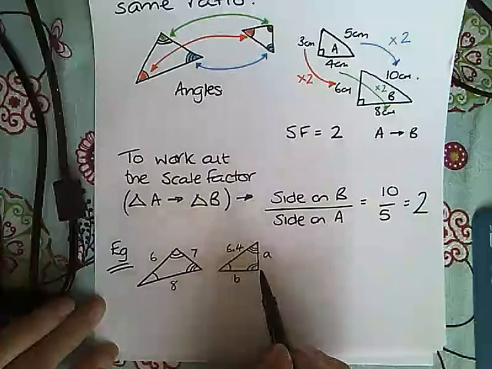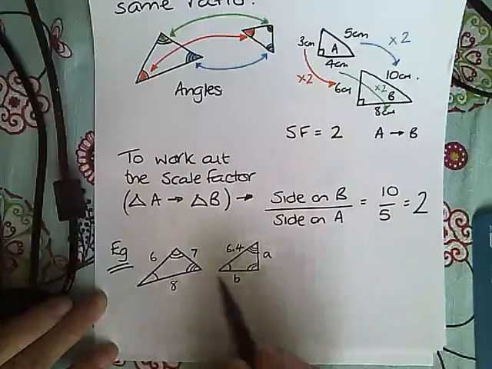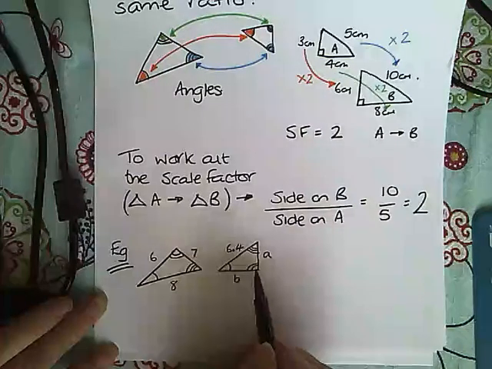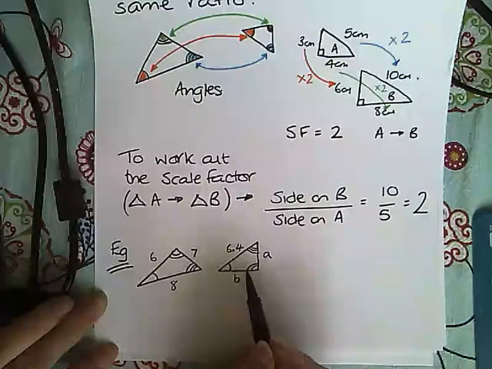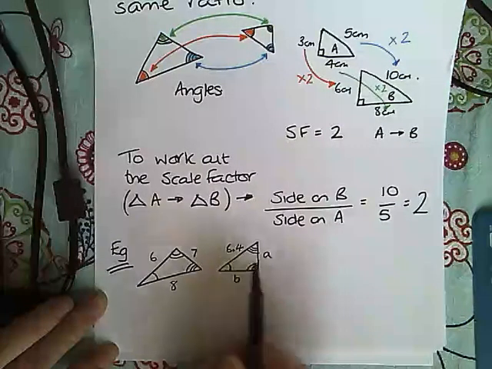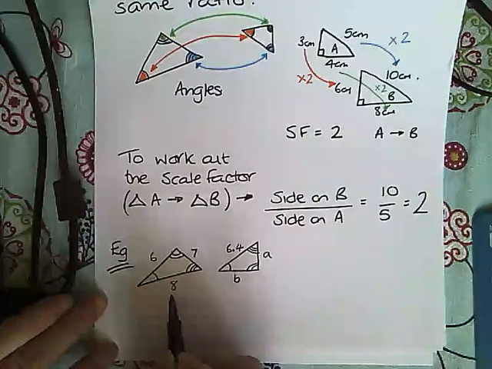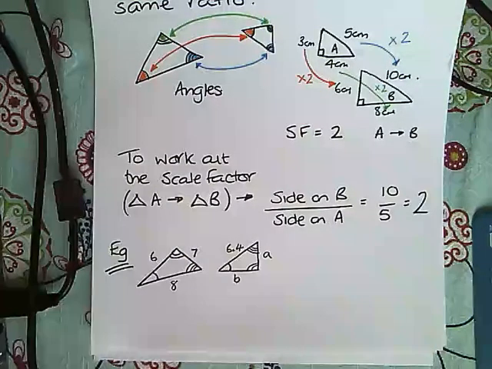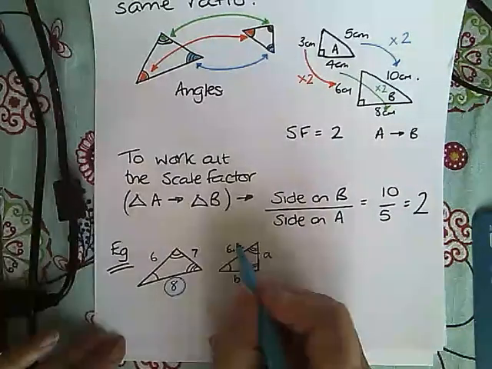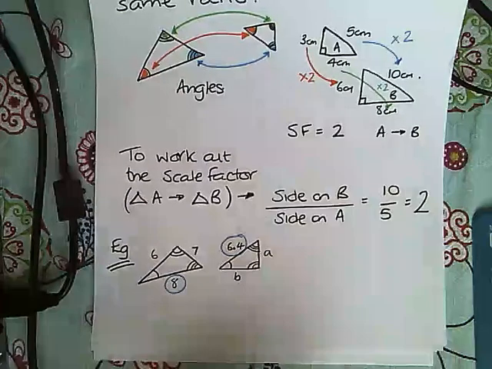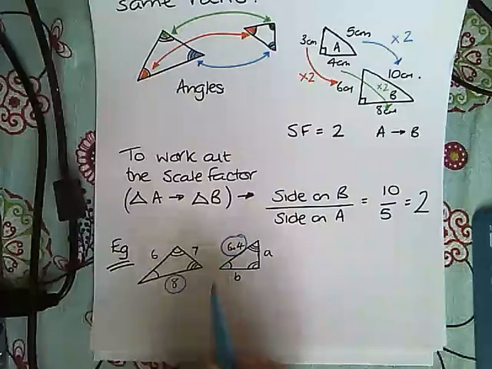So here I want to find out what the side length A is, and in this triangle I've got one measurement, and that is opposite the angle which is marked with 2 lines. So here the angle which is marked with 2 lines, the number opposite it is the 8. So I'm going to use these two numbers, the 8 and the 6.4, and they are going to be my numbers I use for my scale factor.